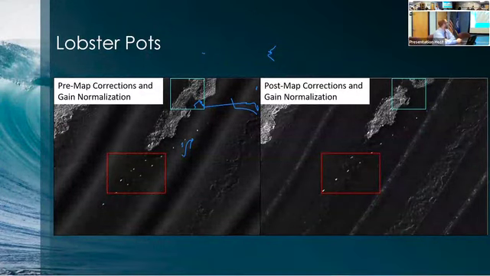So what we're looking at here, on the left, is the raw side scan prior to having any gain normalization or map correcting position corrections done. And what we see is what appears to be two distinct lines of lobster pots and one distinct rocky area.